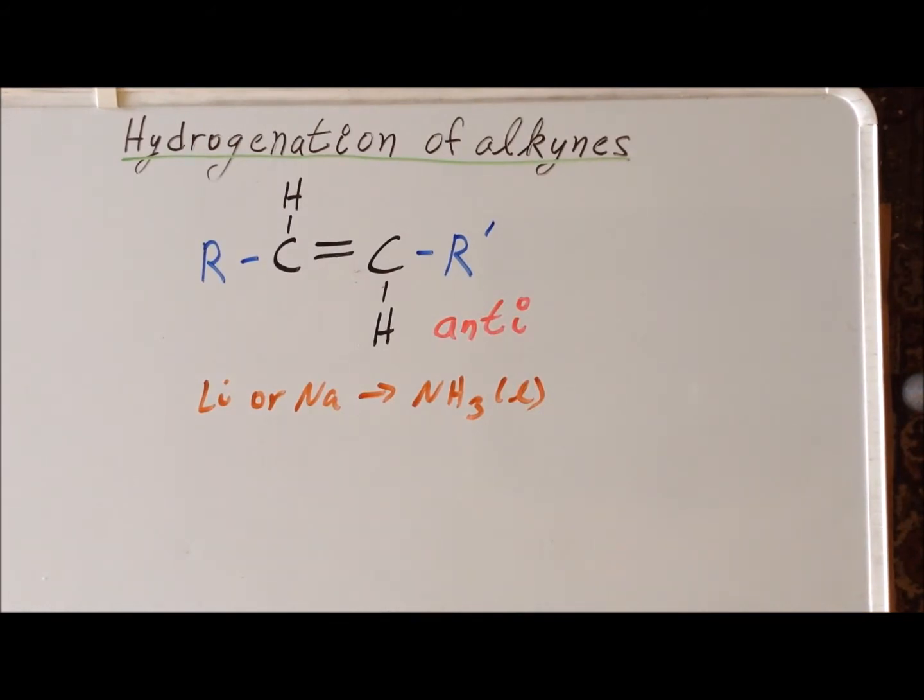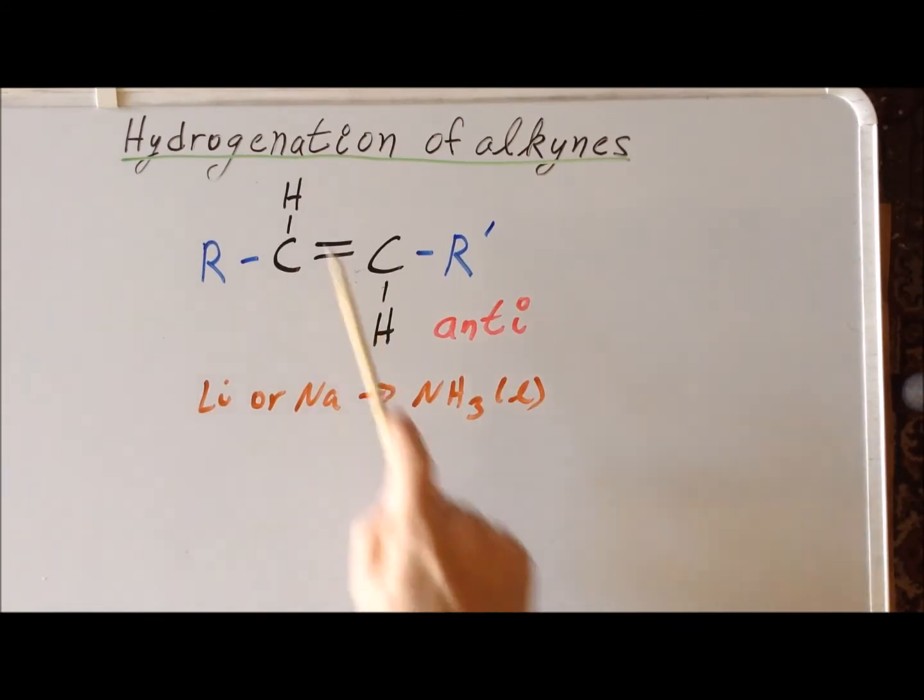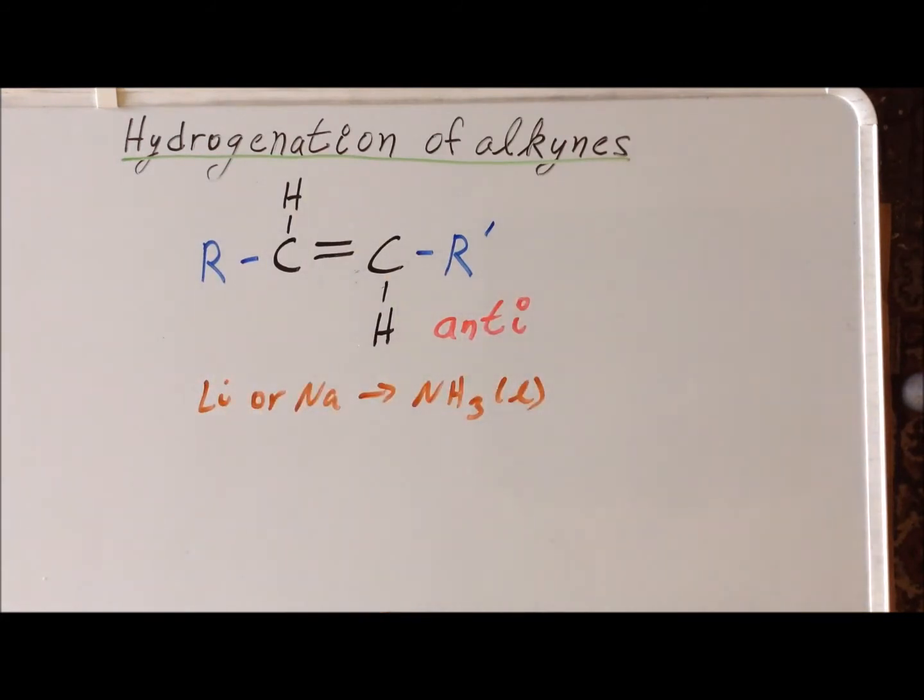So in this particular environment, where we've dissolved one of the very active metals, lithium or sodium, in liquid ammonia, we can achieve anti-hydrogenation of an alkyne, and it will stop at the alkene stage. So it will not continue on to form an alkane.